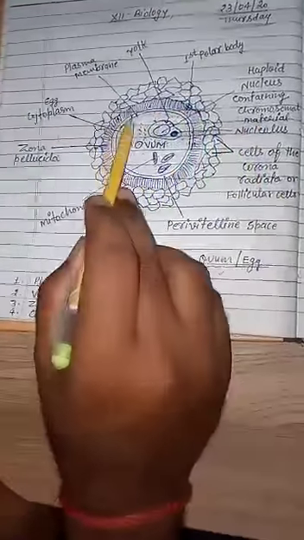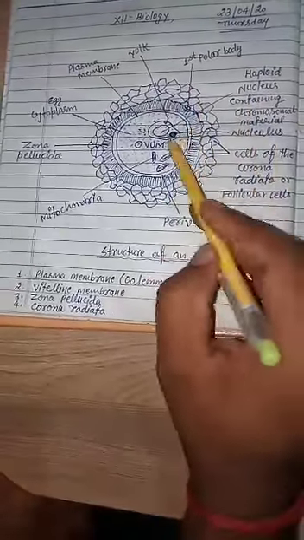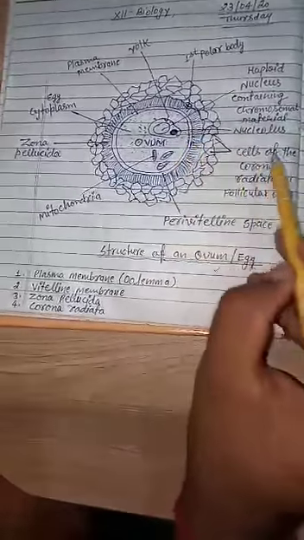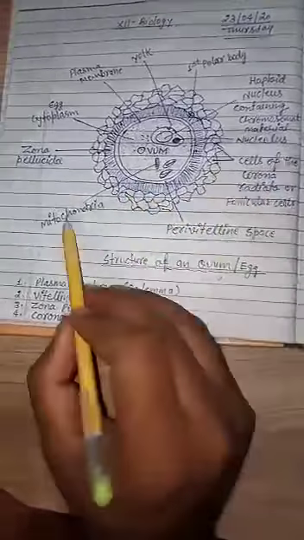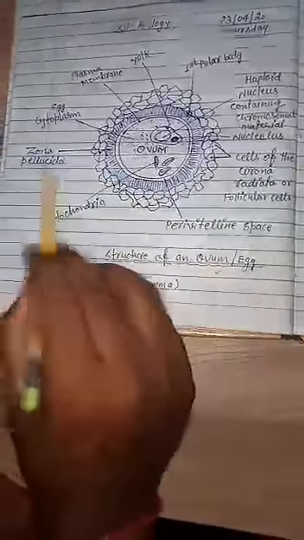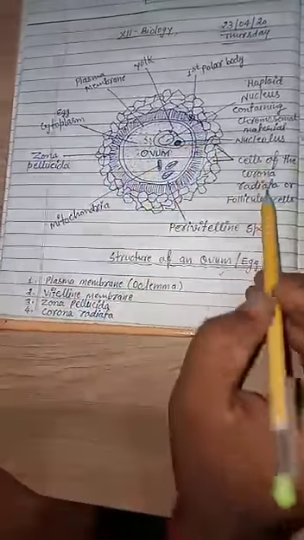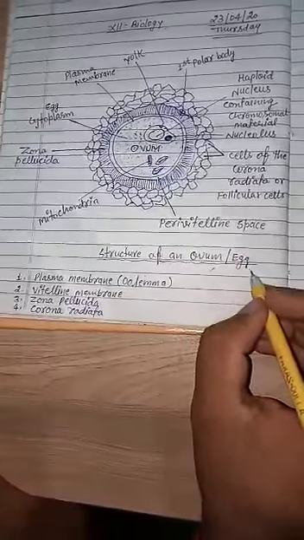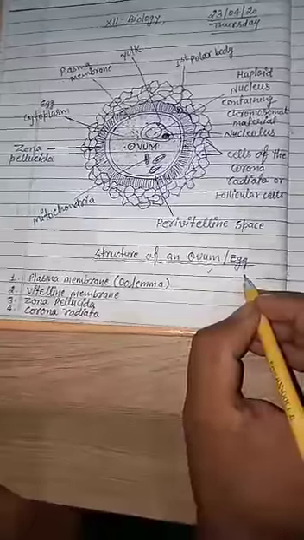You can see the plasma membrane, the yolk sac, first polar body, haploid nucleus containing chromosomal material, their nucleolus, cells of the corona radiata or follicular cells, and some mitochondria, zona pellucida cells, and egg cytoplasm. So this is the simple structure of an ovum. So today we start oogenesis, formation of egg.